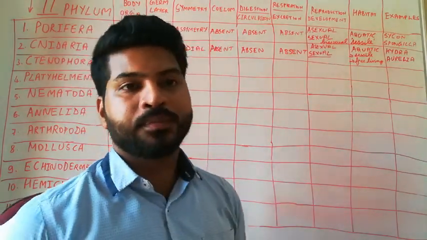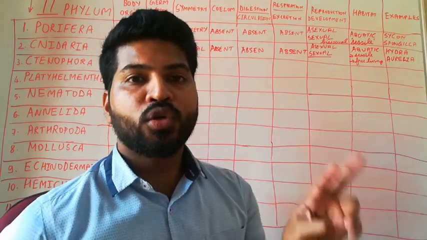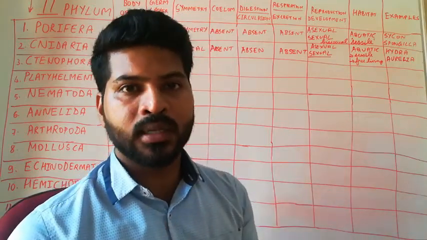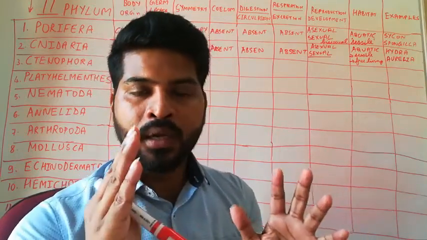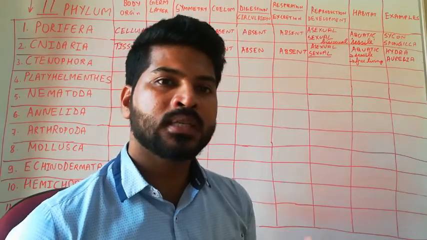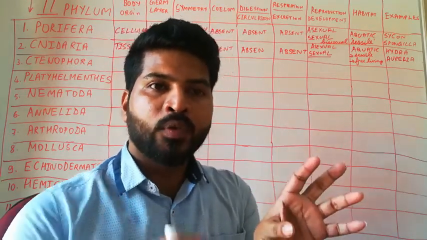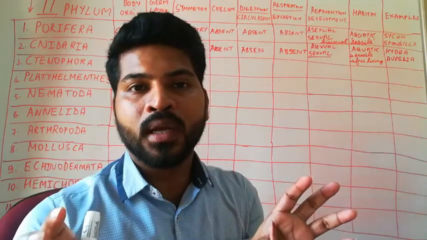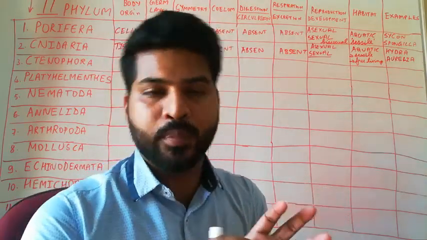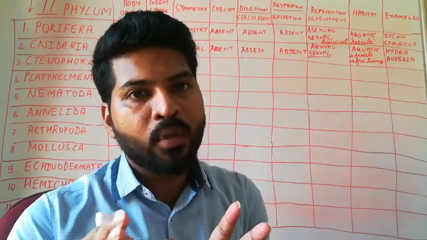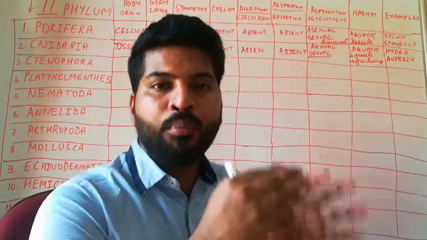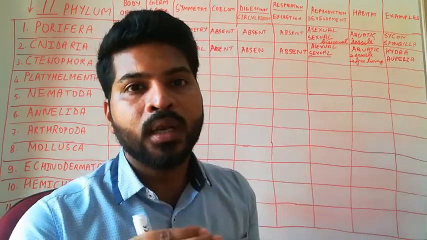In the case where the two body forms are shown, that is polyp and medusa, the polyp will produce the medusa through asexual reproduction, and the medusa body form will produce polyps through sexual reproduction.